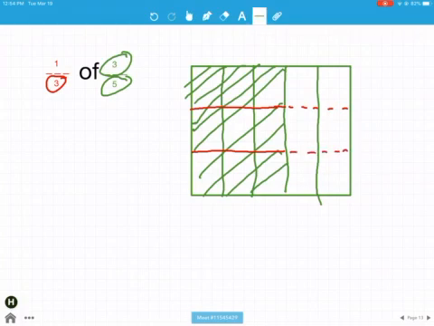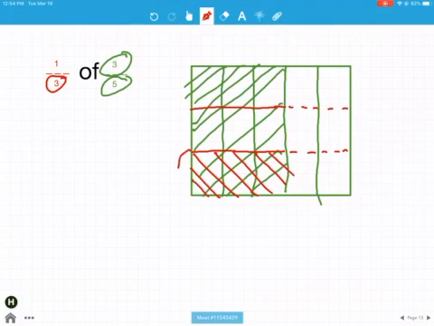We're still only looking at this part right here, and technically we're cutting it into thirds, but you need to see the whole to figure out how many are going to be cross-hatched out of the whole. So now we're going to shade in 1/3 of these.